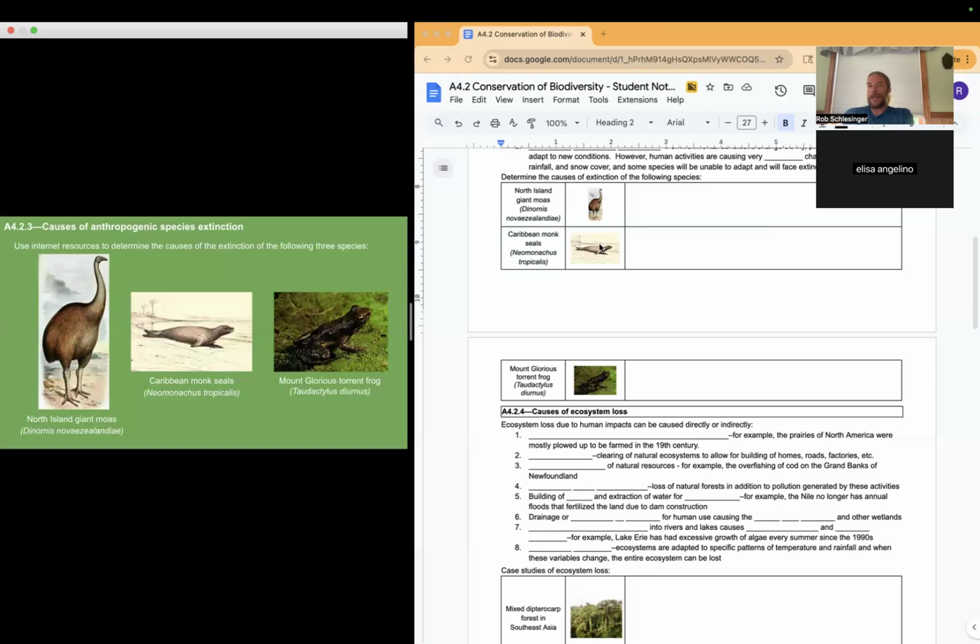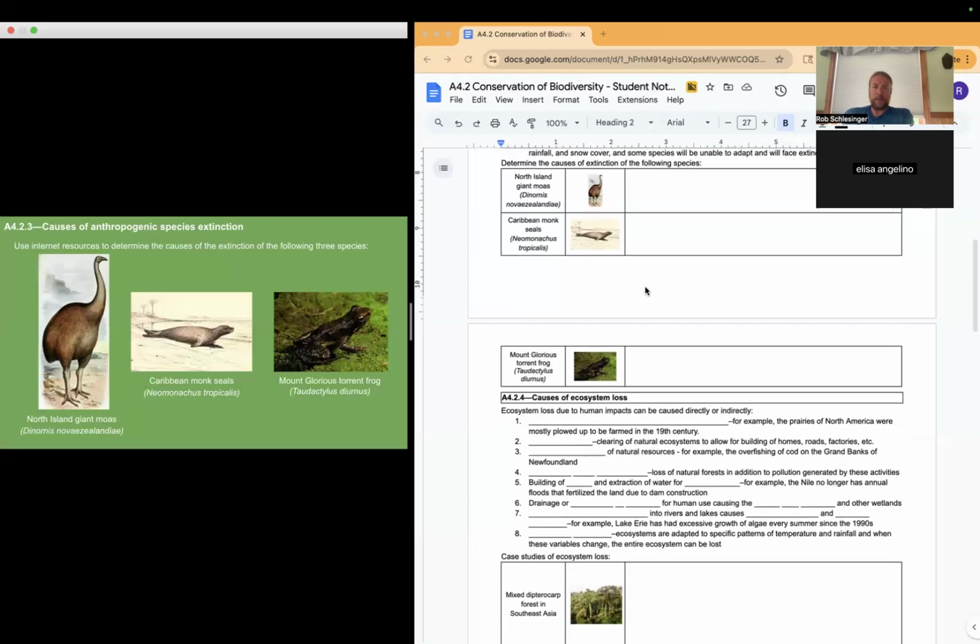Monk seals, again, just food. People sailing. Monk seals also, I don't know if they provided any kind of oil, but they were pretty easy. And I don't know much about what ultimately caused the torrent frog's extinction. But you're welcome to either look these up as examples or not at all, or you can do it right now, whatever makes you happy.